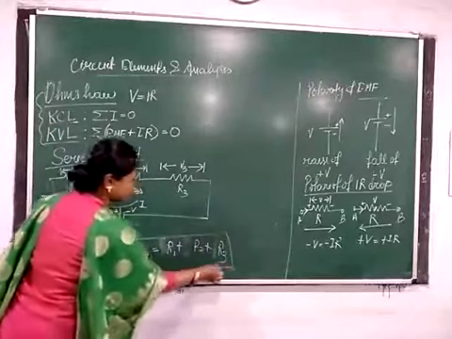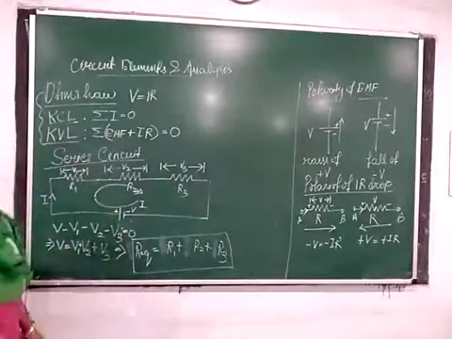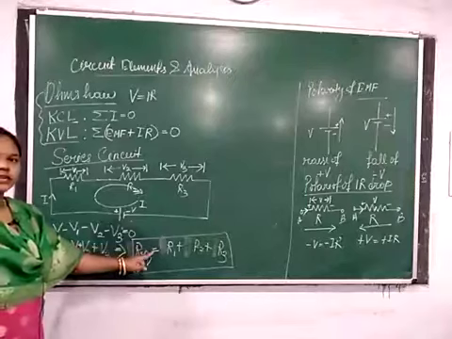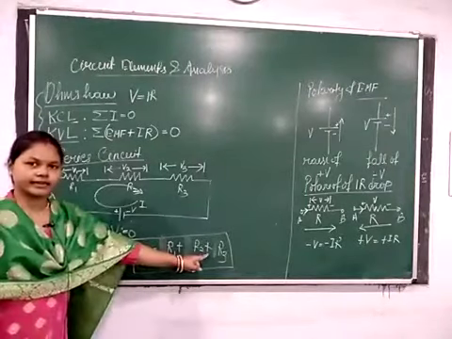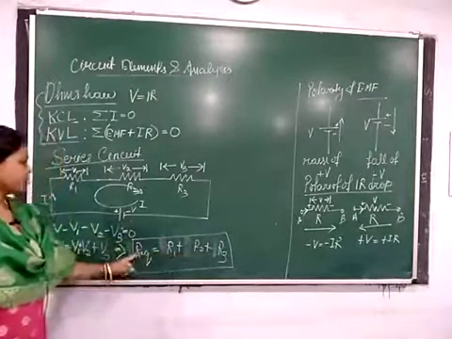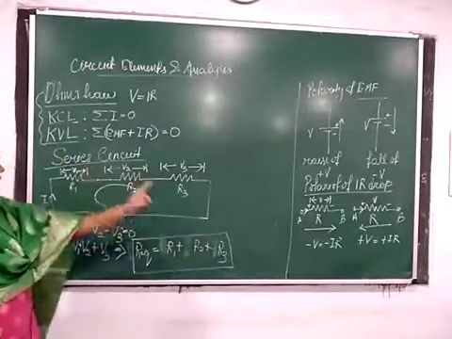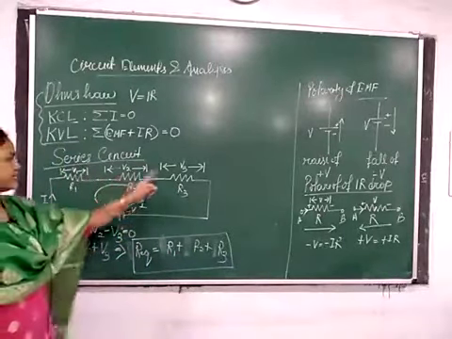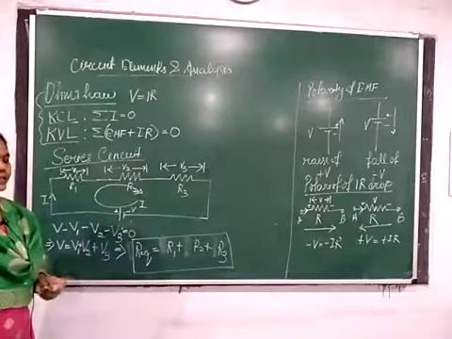So from this equation we are very clear that in series, resistances are added. R equivalent of this series circuit is the sum of the resistances connected in series.